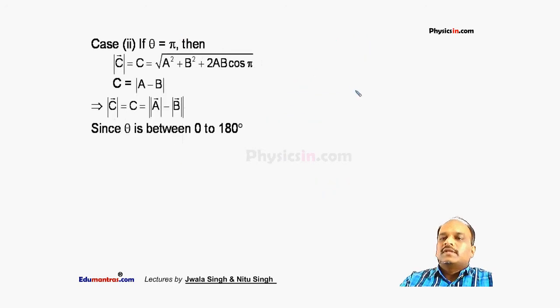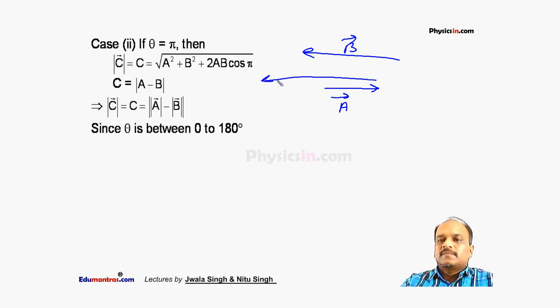If theta is 180 degrees, suppose this is vector A and this is vector B. As we know, these two vectors are opposite. So if I add this vector B here, the resultant is this vector C. The resultant C is written as root over A square plus B square plus 2AB cos pi, and we know cos pi, that is cos 180, is minus 1. So this is equal to root over A square plus B square minus 2AB, which is equal to mod of A minus B, or mod of A minus mod of B. So the resultant is this.